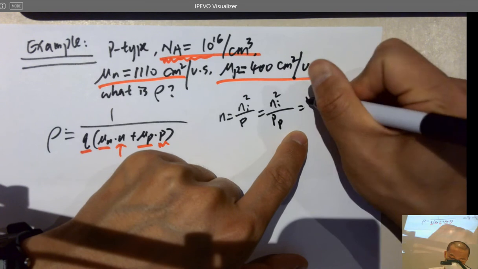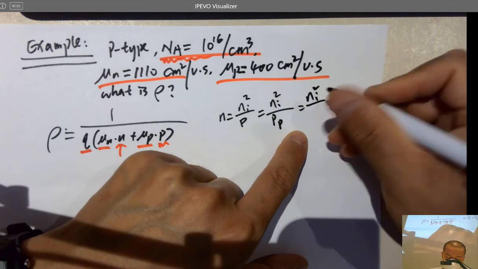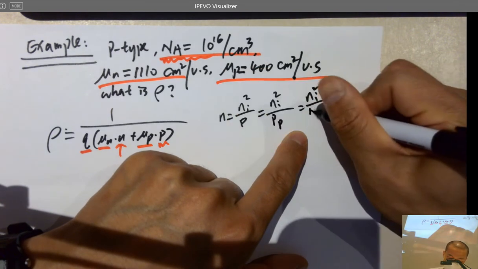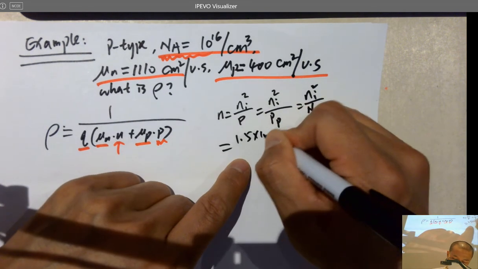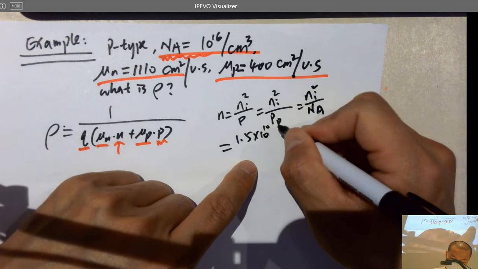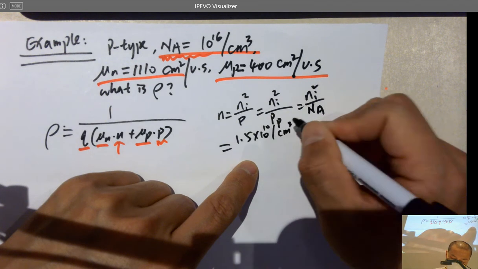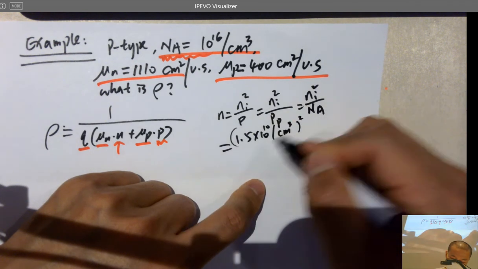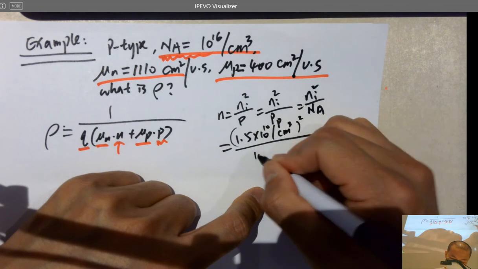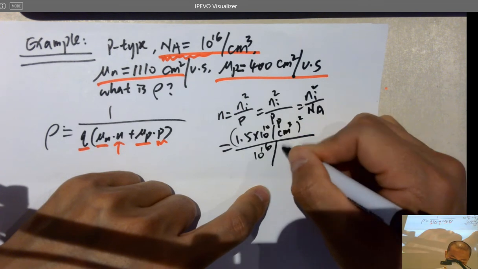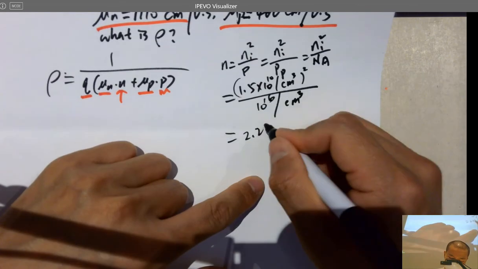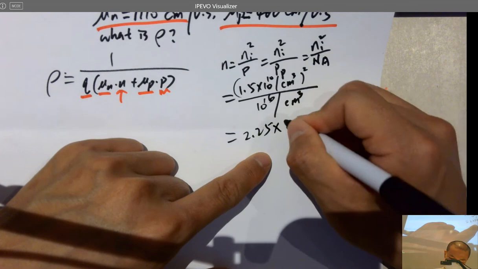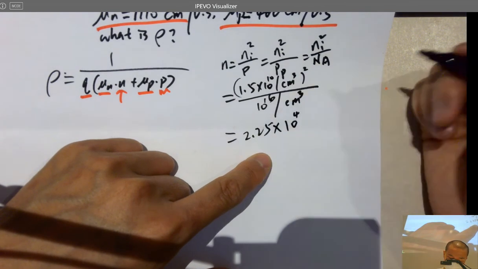And pp in a P-type semiconductor equals Na. So n eventually equals 1.5 times 10 to the 10th per cubic centimeter squared over 10 to the 16th per cubic centimeter. And the result is 2.25 times 10 to the fourth.